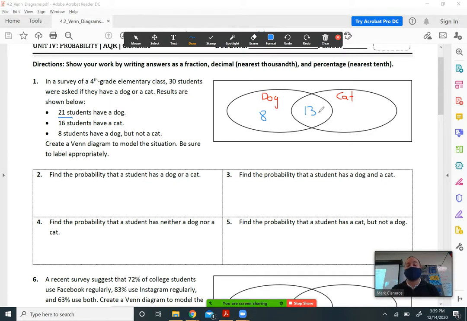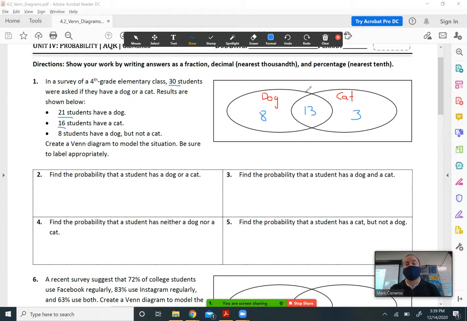Okay. Well, now that we know that there's 13 in the middle, how do we figure out how many people have just a cat? How many? Subtract 13 from 16, which is 3. What are we missing? The number on the outside. How do I figure that out? Add them together and subtract from 30.